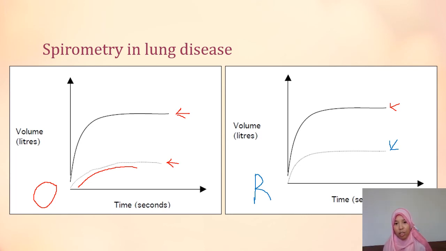Why is it restrictive lung disease? Because something restricts the lung from expanding, and there's nothing obstructing the pathway, the airway. So you have a steady curve compared to when you have obstruction along the way. For example, if you're walking and you have stones along the way, sometimes you have to go up and sometimes you have to go down to prevent stepping on the stones.